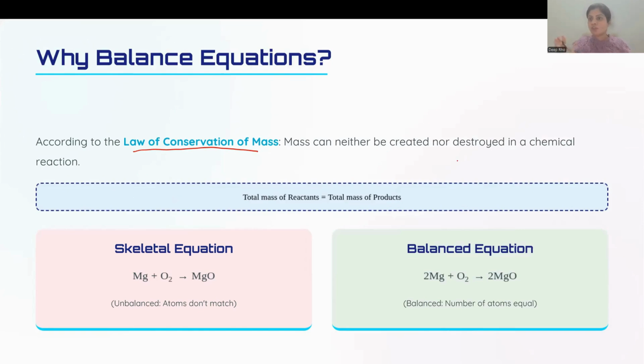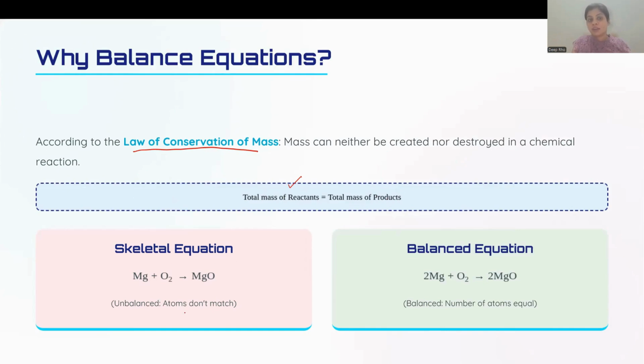It is changed from one form to another. The substances which take part in a reaction, we write on the left-hand side and they are called reactants. The substances we get after the reaction are called products, which we write on the right-hand side.